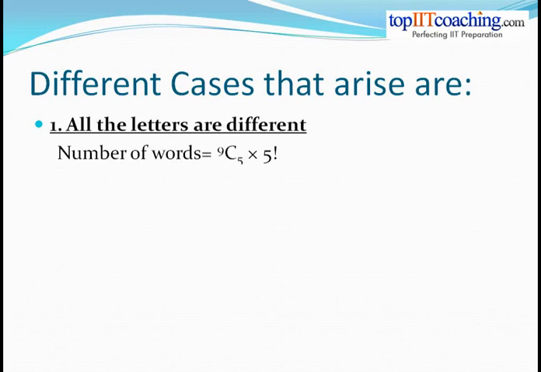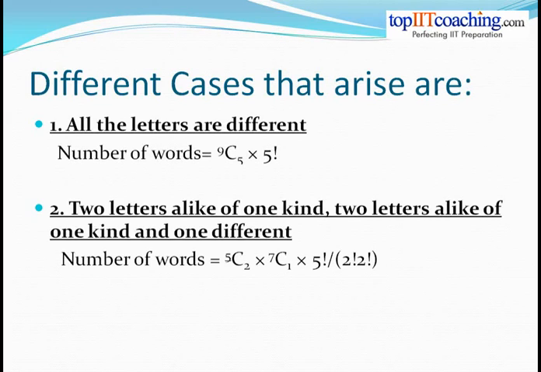Now the second case is words of the kind where 2 letters are alike of one kind, 2 letters alike of another kind and 1 different letter. So it is somewhat of the form XXYYZ, where XX and YY are similar and Z is different. Such number of words are 5C2 into 7C1 into 5 factorial by 2 factorial into 2 factorial.